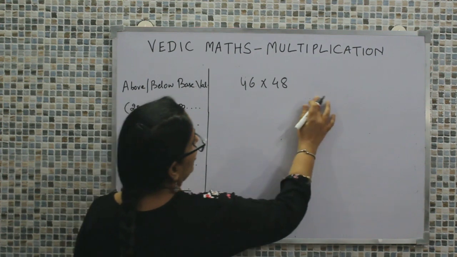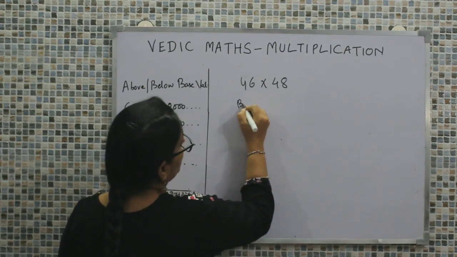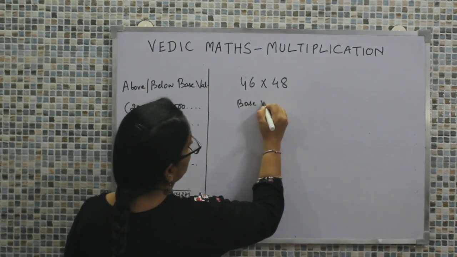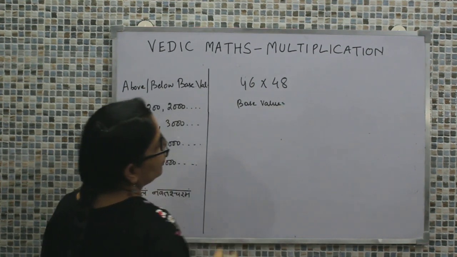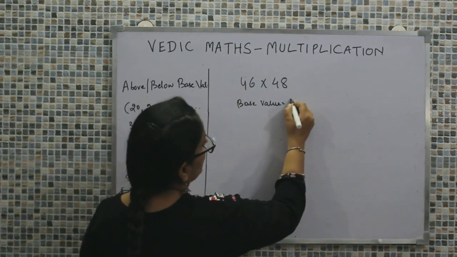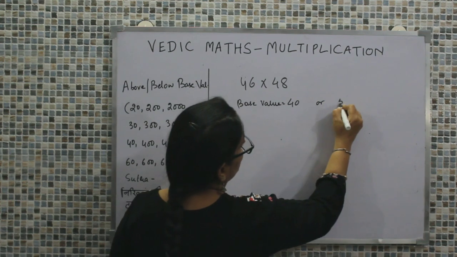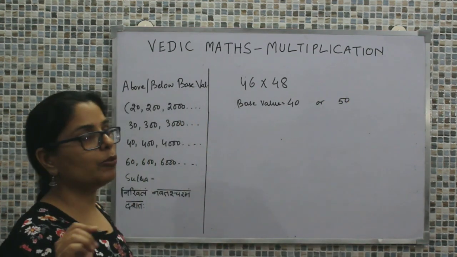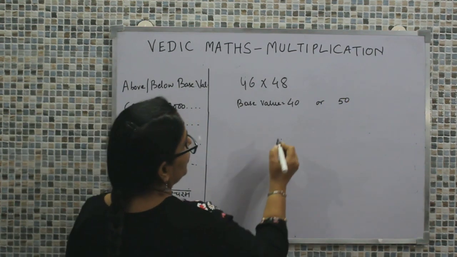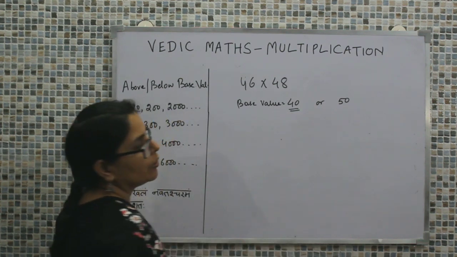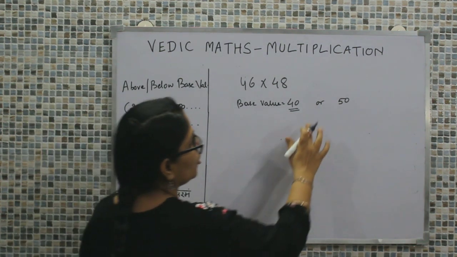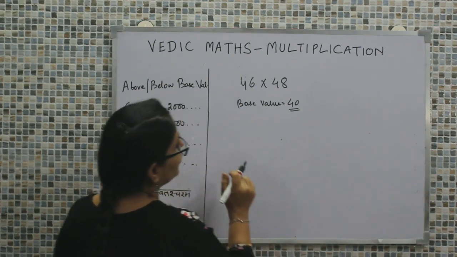Now let's work out what the possible base value could be. One possibility is to take the base value as 40 or 50. These can be the two values. Let's first try it with the value of 40. In the second option we will work with the value of 50.